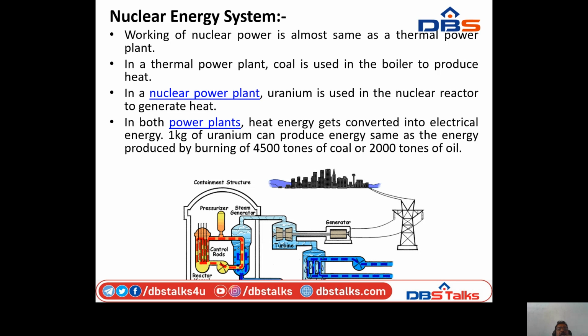In a nuclear power plant, uranium is used in the nuclear reactor to generate heat. In both power plants, heat energy gets converted into electrical energy. 1 kg of uranium can produce the same energy as burning 4,500 tons of coal or 2,000 tons of oil.